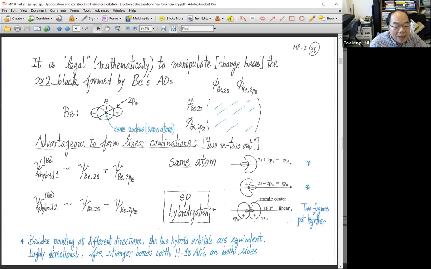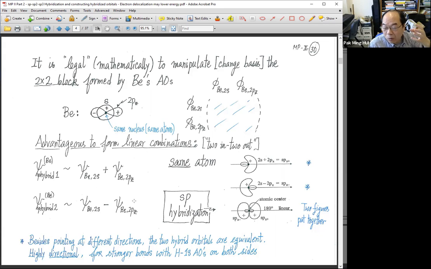So by doing 2 linear combinations of s and p belonging to the same atom, I must emphasize one more time, same atom, then the resulting combination becomes directional. One points to the right, one points to the left.